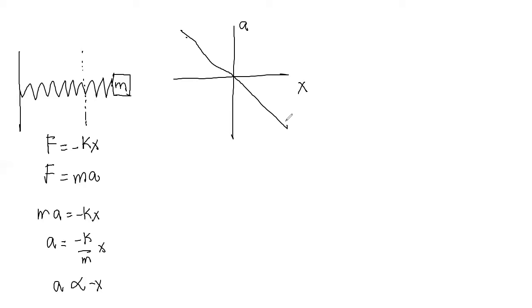This tells us that the acceleration has a direction which is opposite to, and a magnitude that is proportional to, the displacement from the equilibrium. So the oscillation will be simple harmonic. But what are the main characteristics of a simple harmonic motion? First, we know that there should be a fixed equilibrium position.